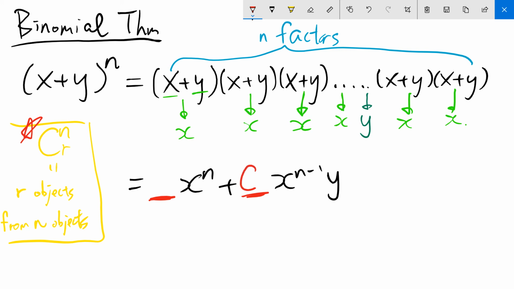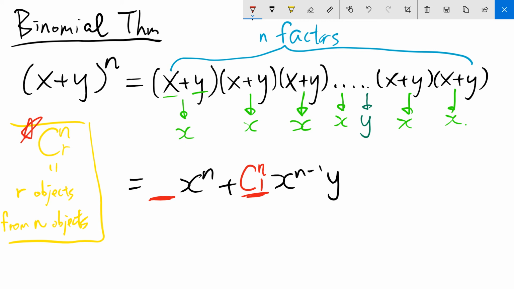So we can write down, we choose one factor out of n factors for the y and the remaining for the x. That's the number of ways that we get x to power n minus 1 times y.